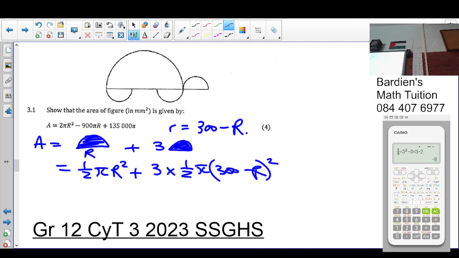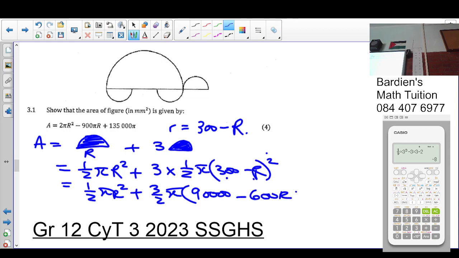Okay. From here, it's about simplifying. So it's 1 over 2 pi R squared plus 3 over 2 pi times, I'm going to take the binomial squared, so it's 90,000, yeah, 90,000. That times 2 is negative 600 R plus R squared.